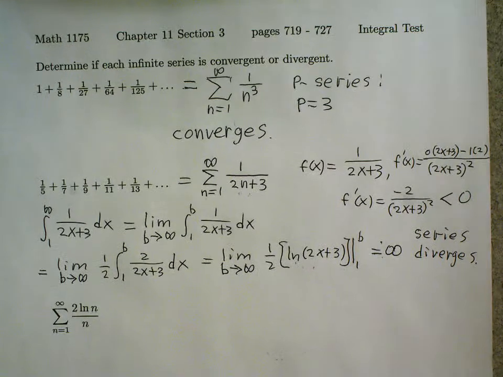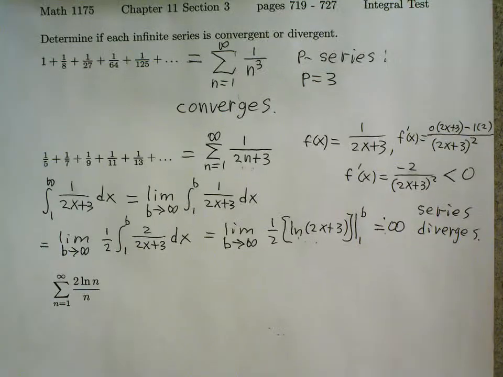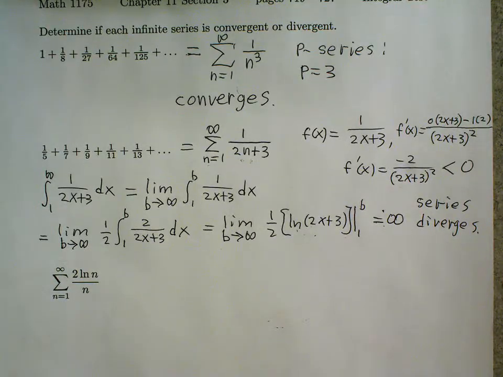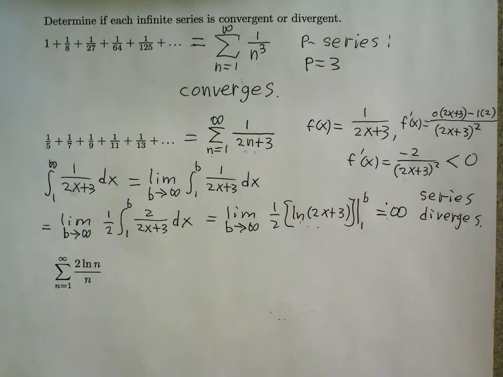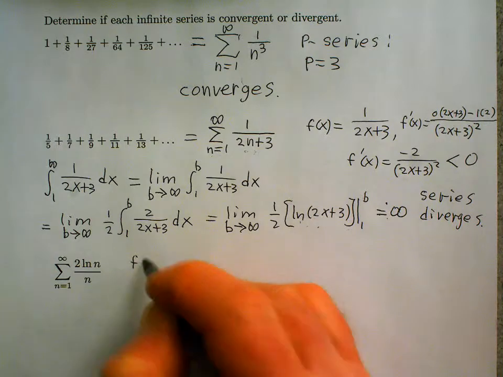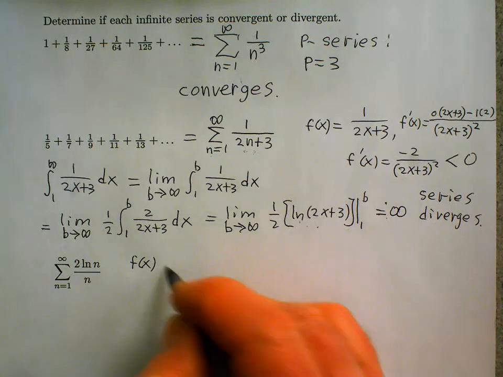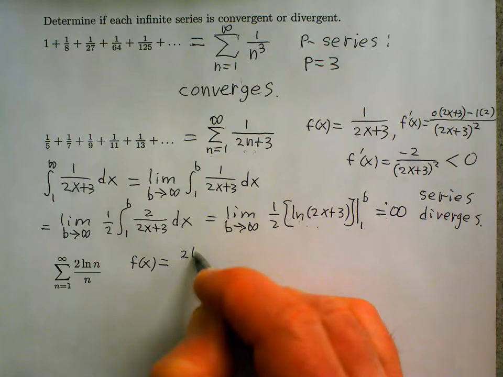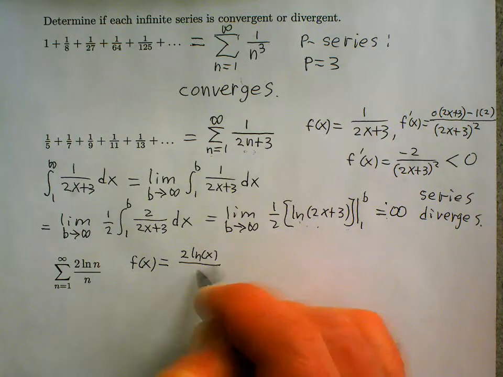Okay, the next one, the series, the terms are 2 times the natural log of n over n as n goes from 1 to infinity. Does this converge or diverge? Well, assign f of x to be 2 times the natural log of x divided by x.